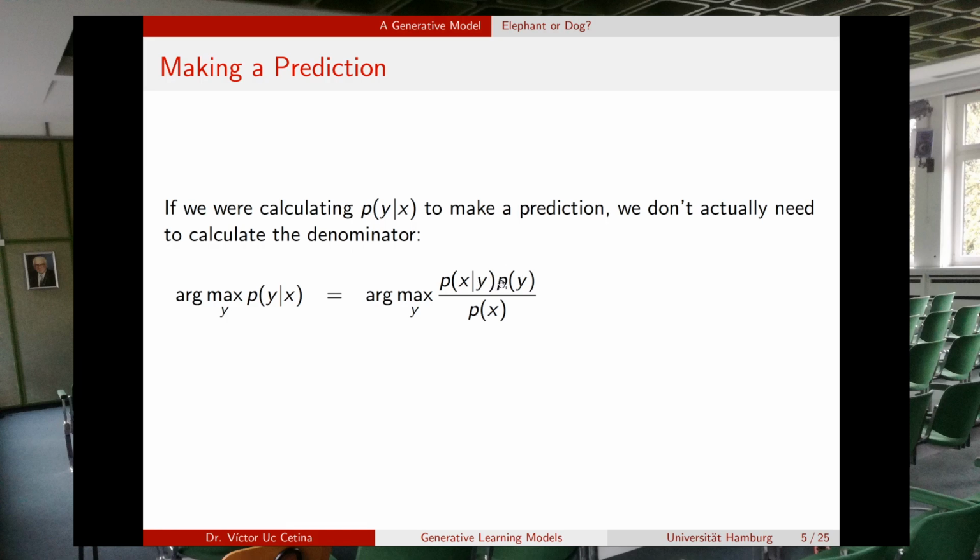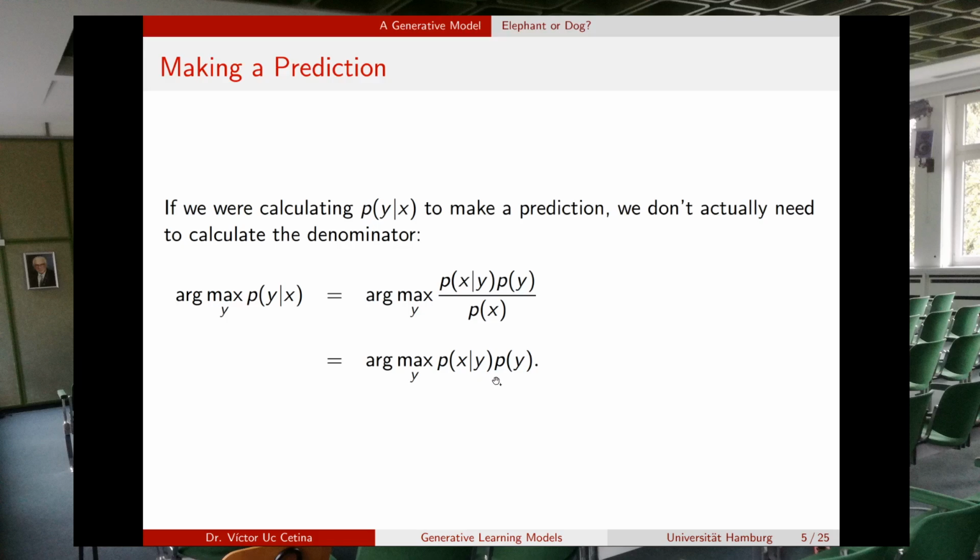So this numerator is going to be different when you change the label, but if you notice, the denominator is going to be exactly the same when you compute this for dogs and for elephants. So in practical terms, if you want to compute this as fast as possible, you can basically delete the denominator and simply compute this product and check which of these products is largest, for y equals 0 or for y equals 1.